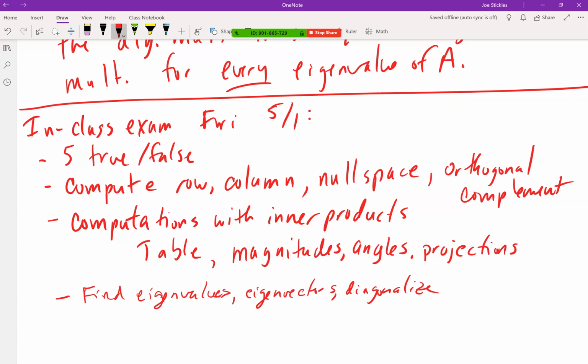Like I said, very, very, very computational. Can you do the computations that we've talked about since the last test? You've had homework on the first two parts here, and then this stuff is obviously on the homework that you're doing now.